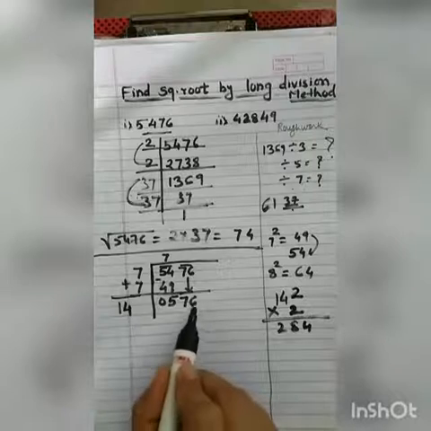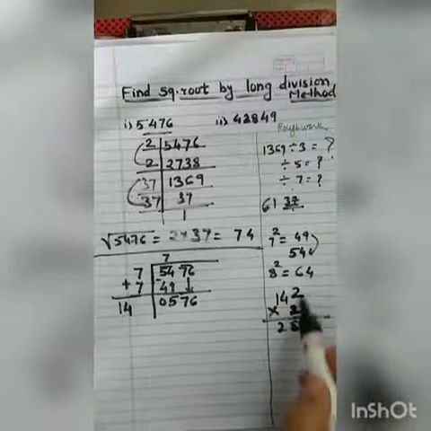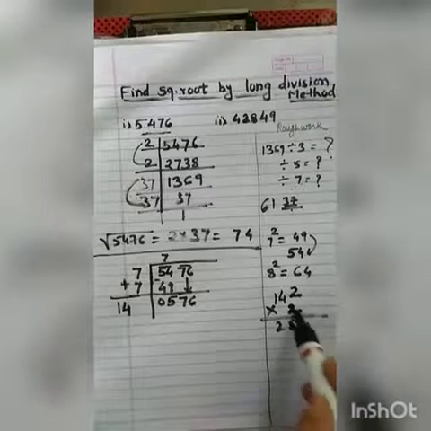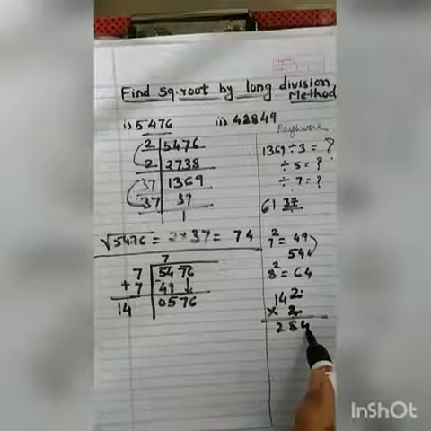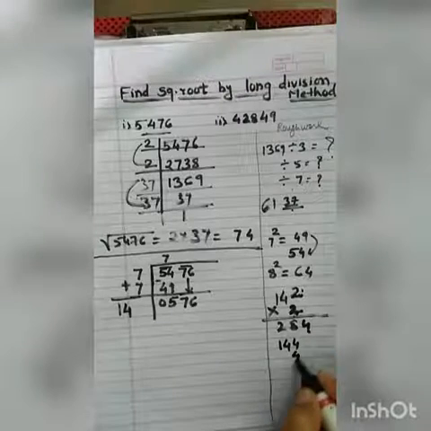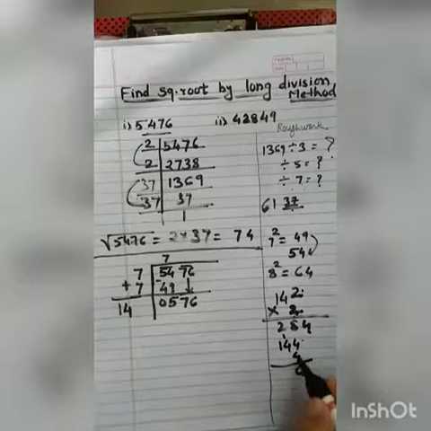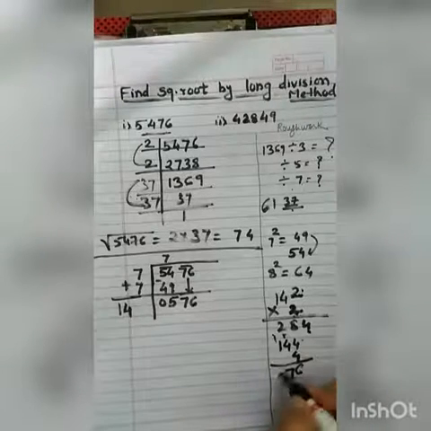And I know that if I want 6 at the last, what number when multiplied will give me 6? 3 times 3 gives me 9. 4 times 4 gives me 16, so 6. So instead of 2 it will be 4. So 4 times 4 is 16, carry 1. 4 times 4 is 16 and 1 is 17, carry 1. 4 times 1 is 4 and 1 is 5.